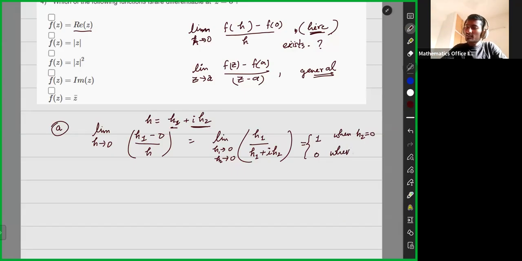So there are two possible limits, and there are more possible if we change our path.